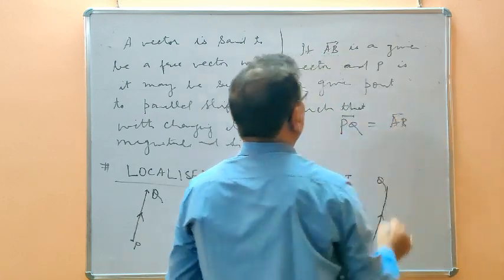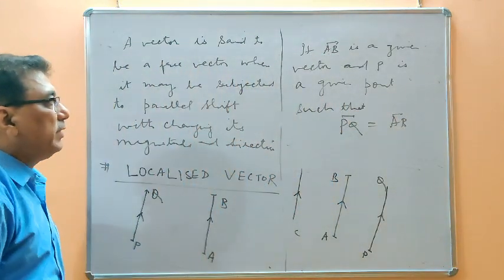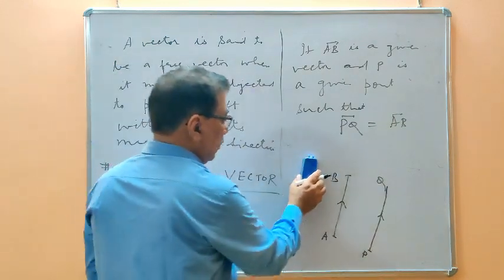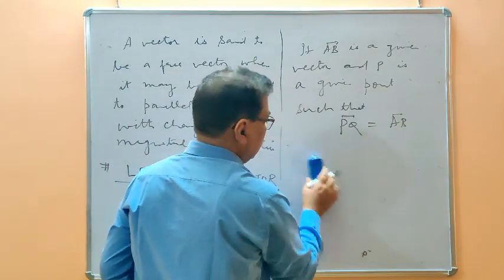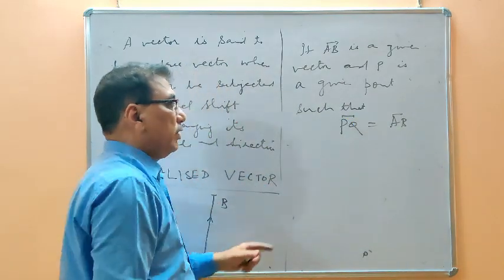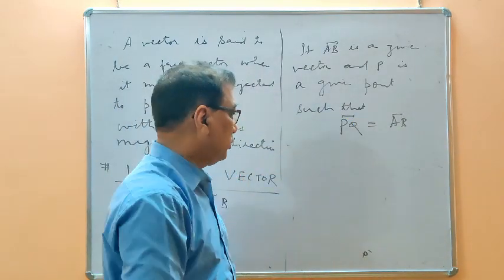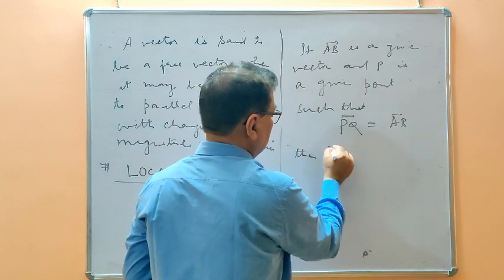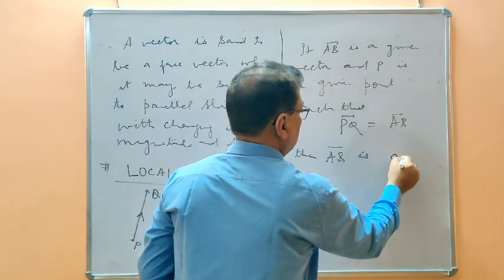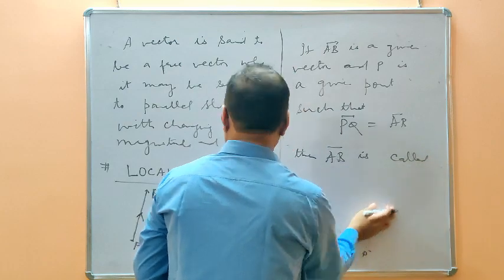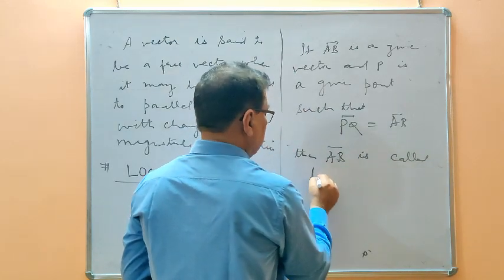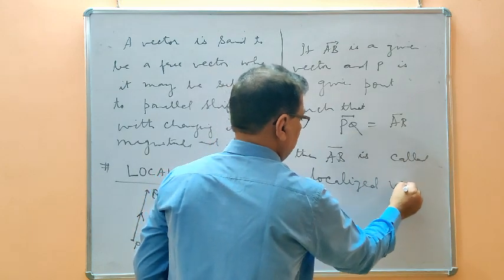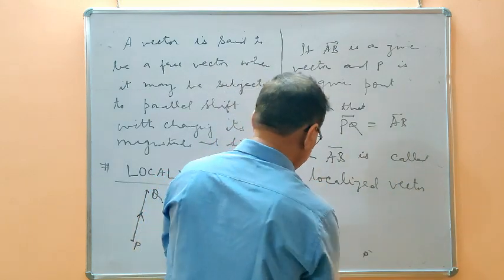Okay. If AB is a given vector and P is a given point such that PQ is equal to AB, that means these two vectors are equal. Equal means they have the same direction and magnitude. Then AB is called localized vector. Okay.